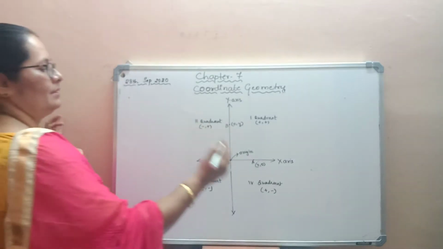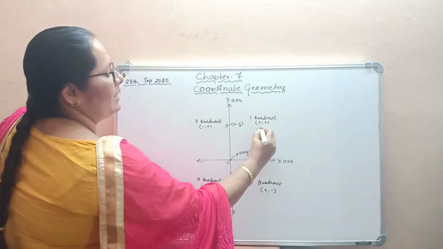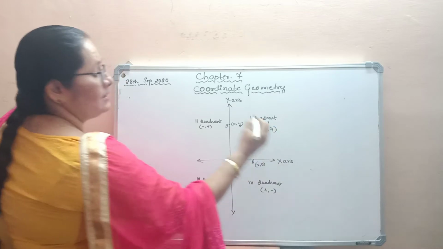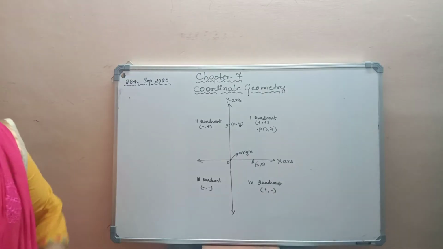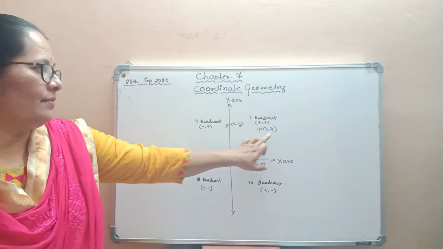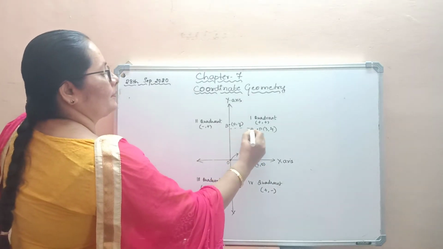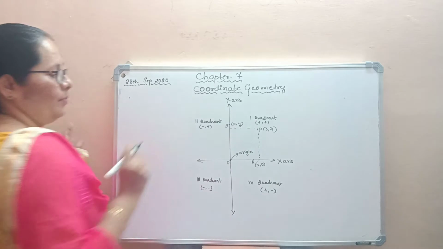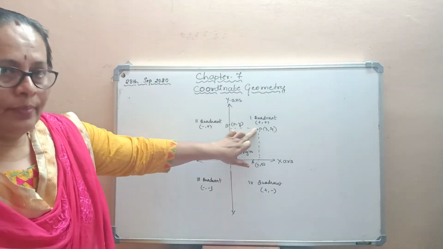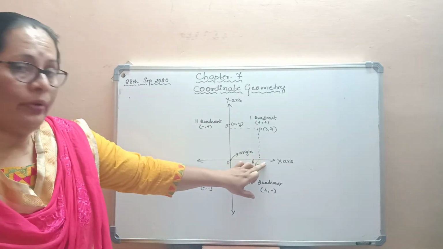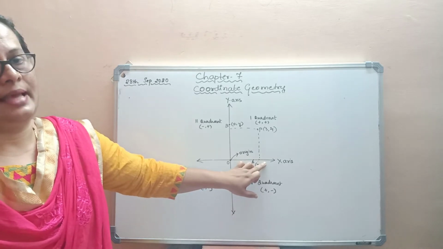Suppose a point P, 3, 4 is in the first quadrant. It means that point P is 4 units from the x-axis.